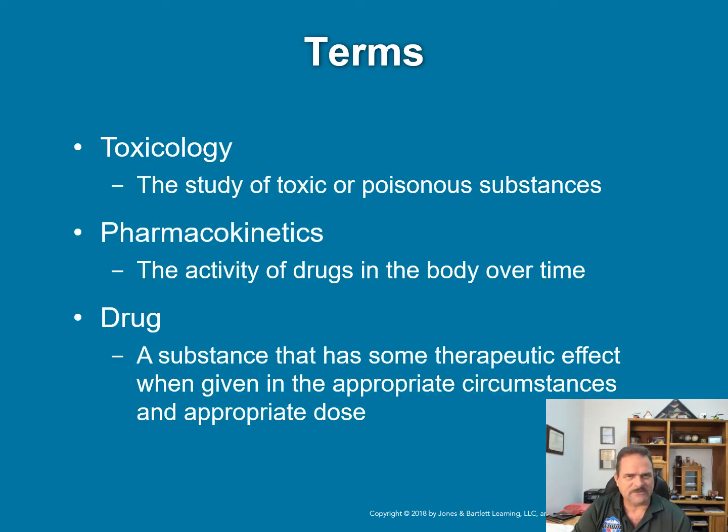So, some of the terms. Toxicology is the study of toxic or poisonous substances. Pharmacokinetics is the activity of the drug in the body over time, including processes of absorption, distribution, and elimination. A drug is a substance that has some therapeutic effect when given in the appropriate circumstances and in the appropriate dose.